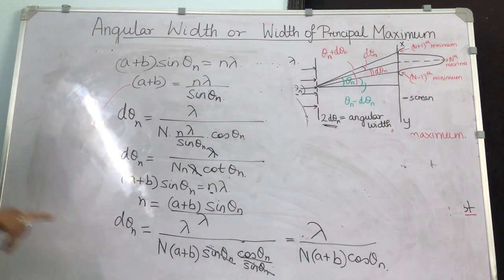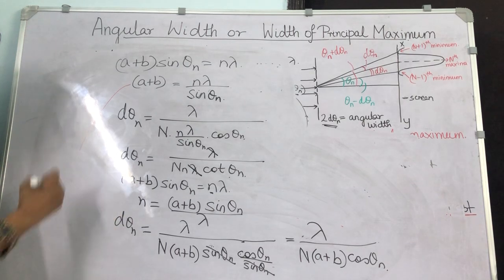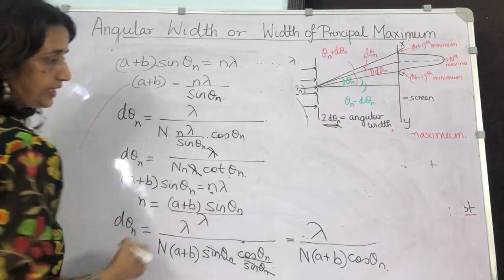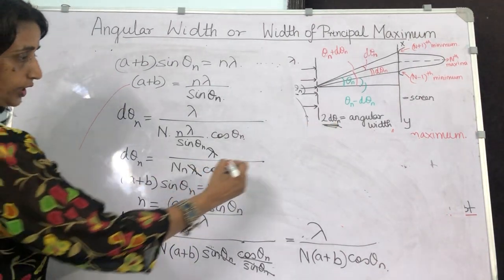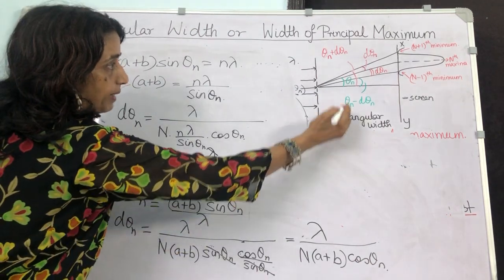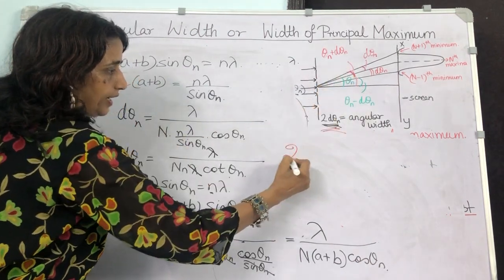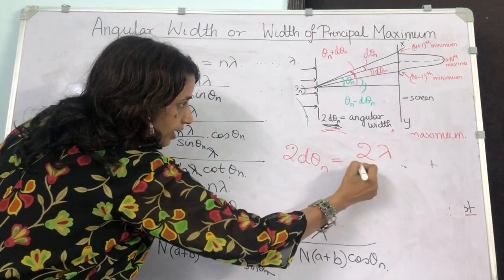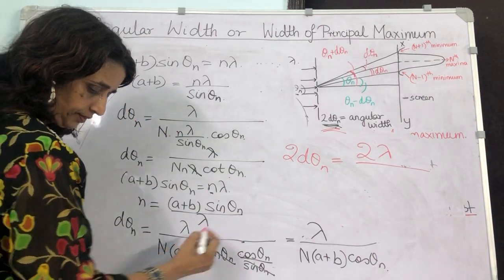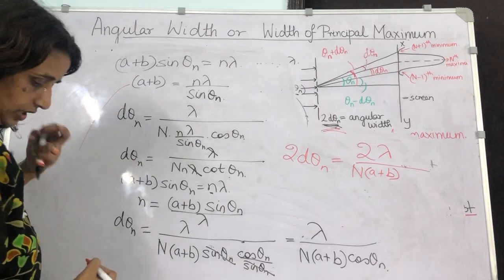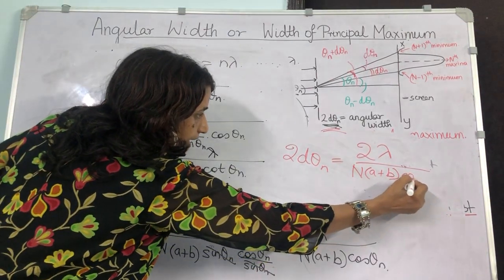Now this is the half width of the nth order principal maxima, and we know that the whole width is 2dθn. So 2dθn, that is the width of the principal maxima, comes out as 2λ / (N(a+b) cos θn).